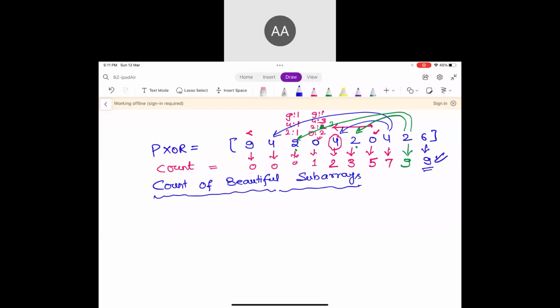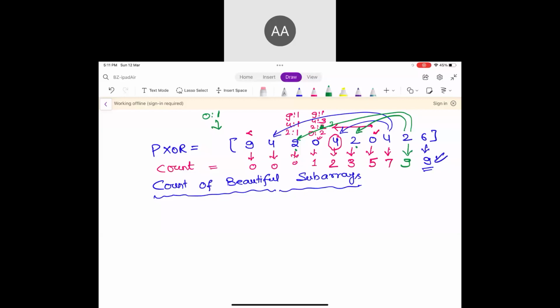Sir, can we also initialize our map for 0 count as 1 so that we don't have to handle two conditions? Okay. Yeah, that's another good idea. So what Kaushik is suggesting is before even starting, if in the map we put 0 as 1 time, then we will not have to handle the 0 case separately.